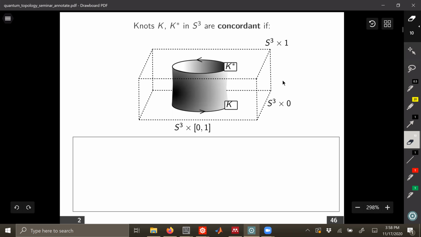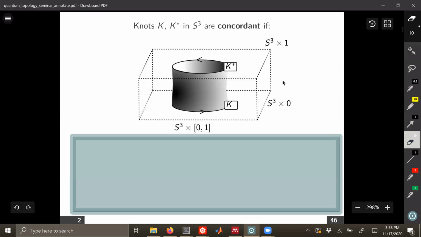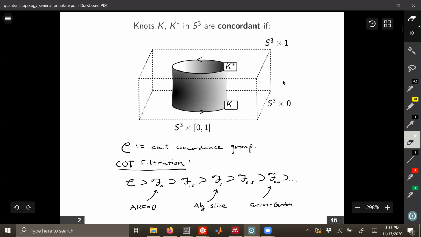Recall that the concordance classes of classical knots are a group, and in fact they are an abelian group. Lots is known about the concordance group of classical knots in both the smooth and topological settings. So for example, there's the COT filtration. COT here stands for Cochran, Orr, and Teichner.